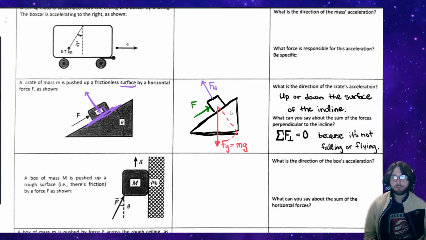First, it's pulling the object into the surface of the incline, like that. So we're going to call that Fg perpendicular. That's what's really canceling out with normal force here. But at the same time, depending on the angle of the incline, gravity's also got to be doing a little bit of work in pulling it down the incline. And that's what we call Fg parallel.